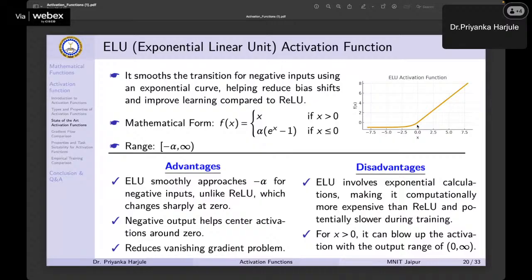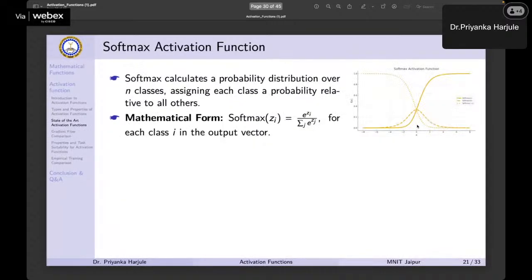So we can use ELU for small data sets when better generalization is required as compared to ReLU. You can use it for deep and noisy networks where smooth curves are required. And you can also use it when you are experiencing dead neurons. So in these cases also ELU is used.